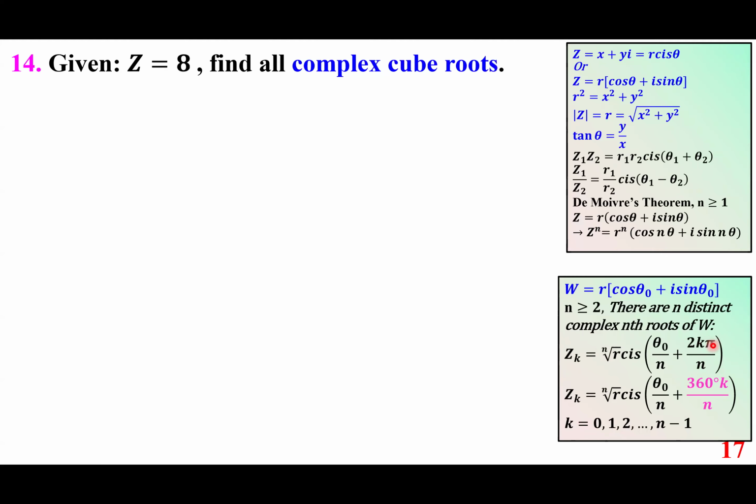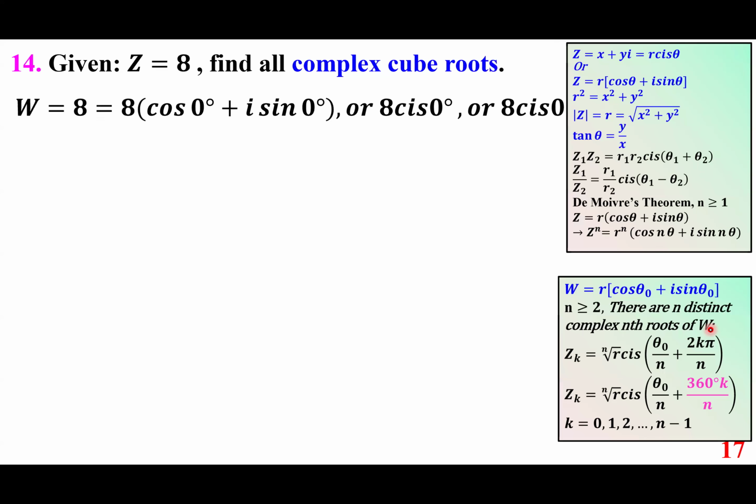Again, 2k pi over n or 360 degrees times k over n means the same thing, okay? Sometimes you want it in degrees, sometimes in radians, and sometimes one is easier than the other. All right. 8 is 8 cis 0, okay?